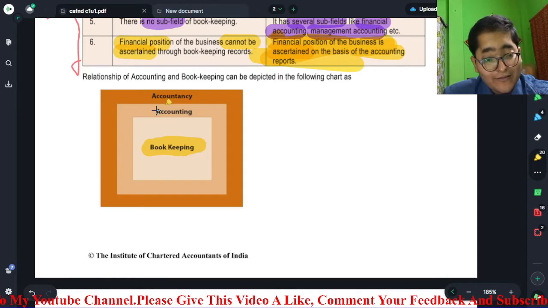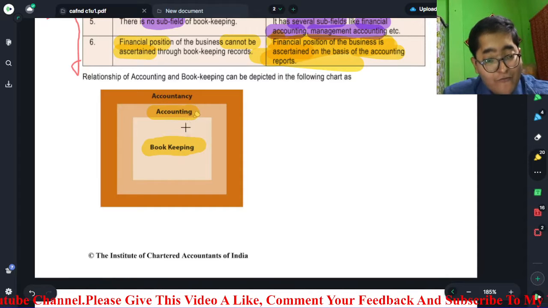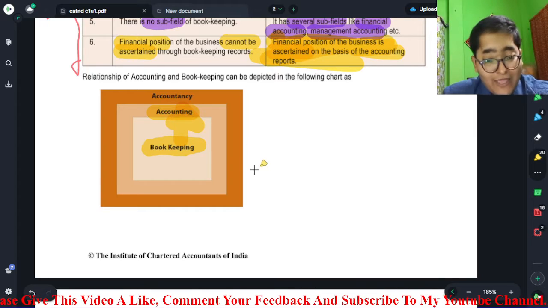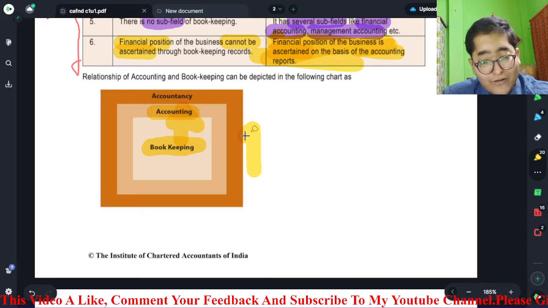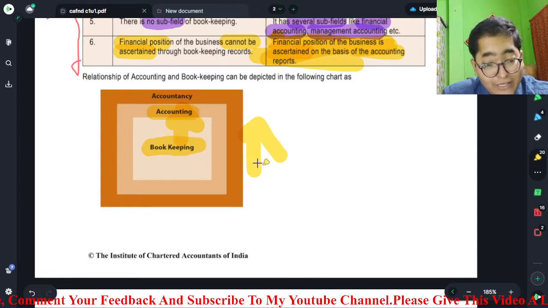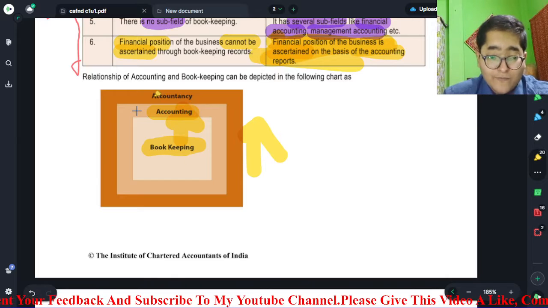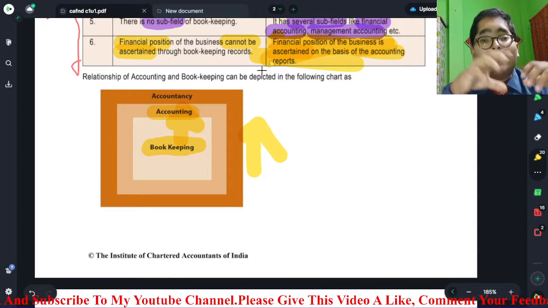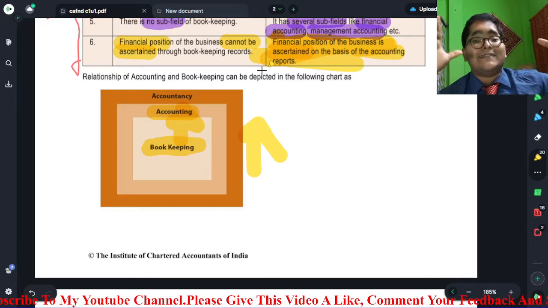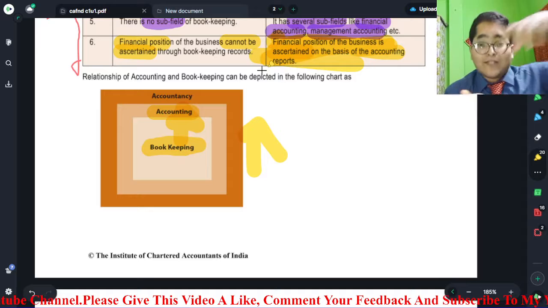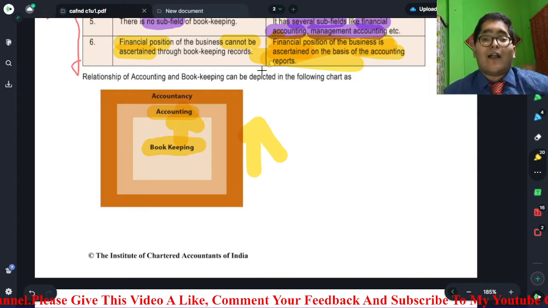Then comes accounting. From bookkeeping, accounting is born. If bookkeeping was not there, accounting would be worthless. Bookkeeping plus accounting gives rise to accountancy as a whole.